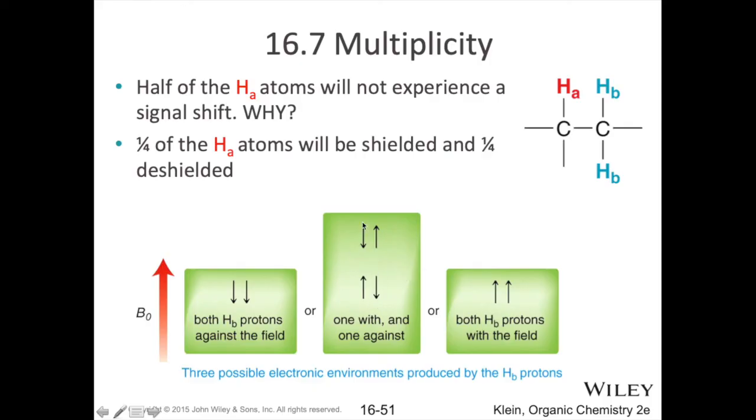Since this probability is doubled, this middle signal is stronger. We see this middle peak of our triplet is double in height compared to the outer peaks of our triplet. So it's kind of a 1 to 2 to 1 ratio if you look at the height of the peaks within that triplet.